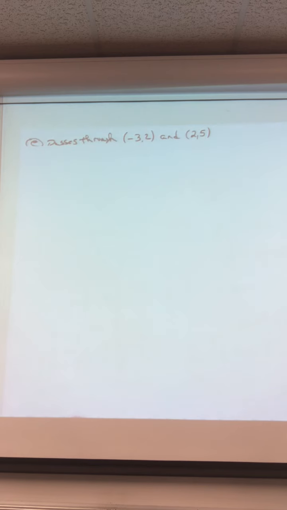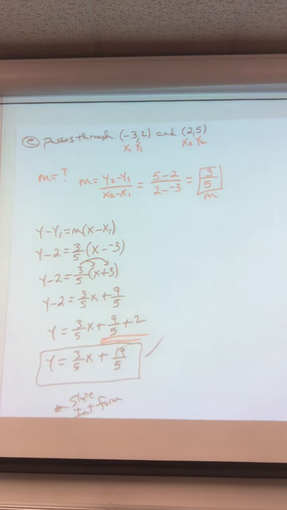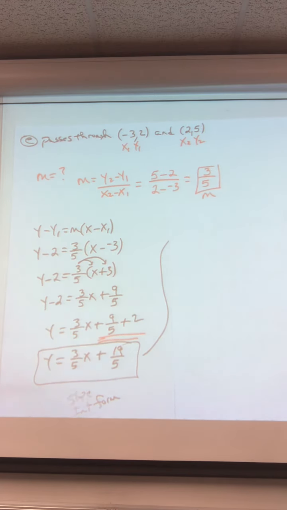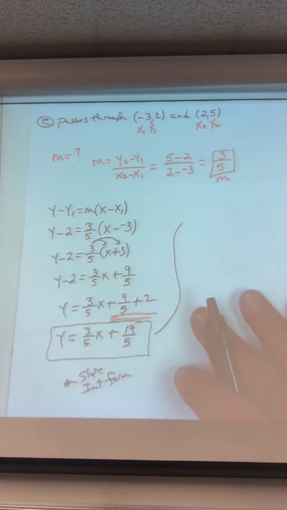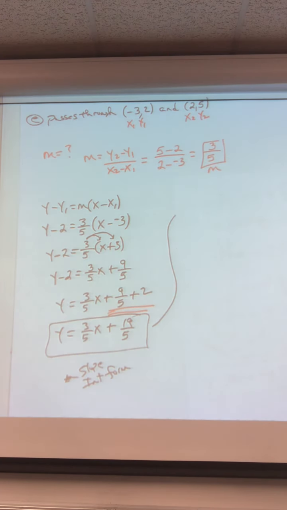All right, what I want you to do is this. I'm going to let you copy this one down. I will explain it in the next video. So what I want you to do for me right quick is pause the video now and copy this.